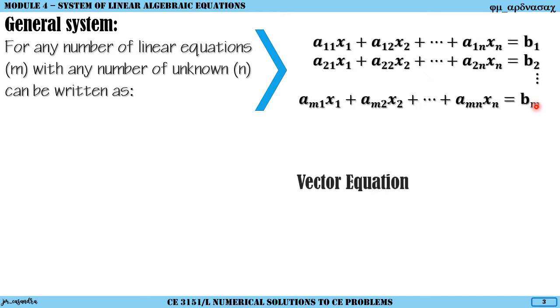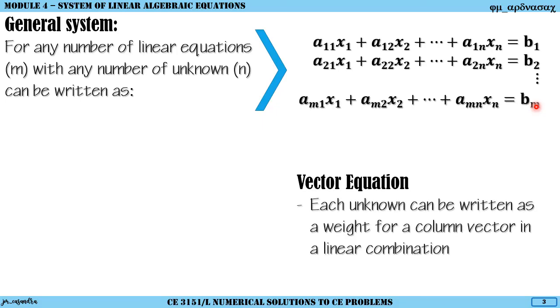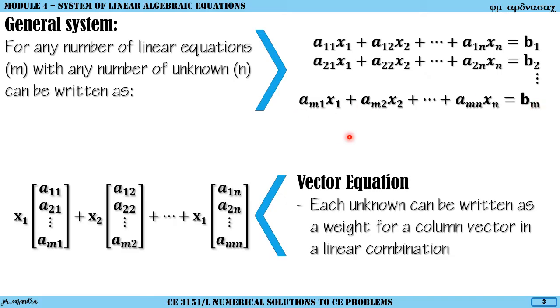And these equations can be written as a vector equation, wherein each unknown is written as a weight of a column vector in a linear combination. So for your first variable, x1, this can be written as a column vector x1 times a11, a21, up to am1, which will be the first column of our matrix later on.